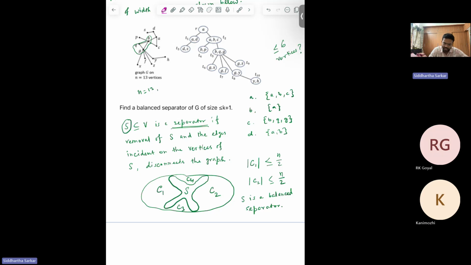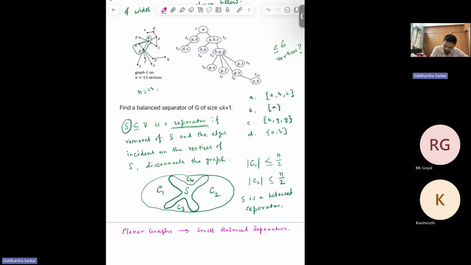So we know that for planar graphs, it is always possible to find small balanced separators. It is a very celebrated result.